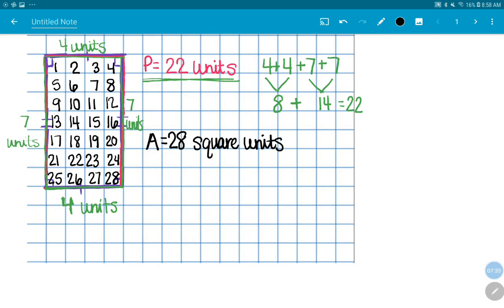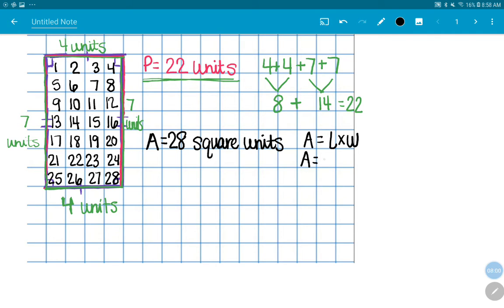Now, can you find a quicker way to come up with the area than counting each square on the inside of the rectangle? Yeah, to find the area, the formula that we would use is we're going to multiply the length times the width.